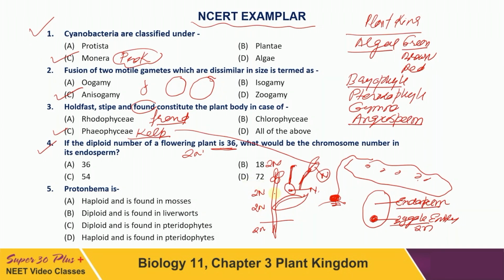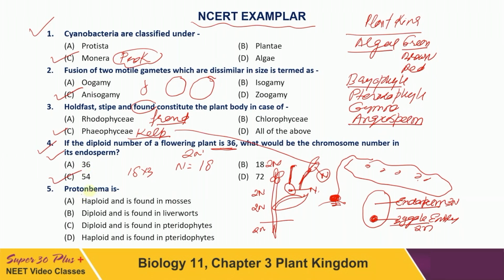All parts of the sporophytic body are 2n, the gametes have n number of chromosomes, and the endosperm has 3n. Can you calculate it now? 2n is 36, so n will be what? That is 18. Is it right? We have to see the endosperm. The endosperm is a triploid structure. 18 threes are 54. That is the right answer.